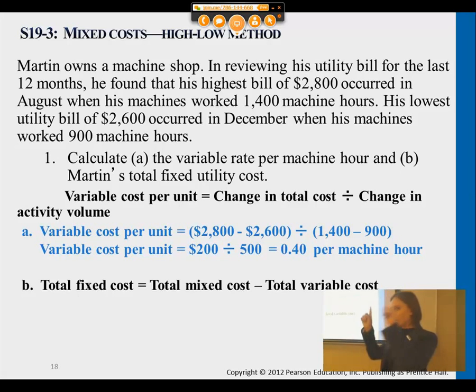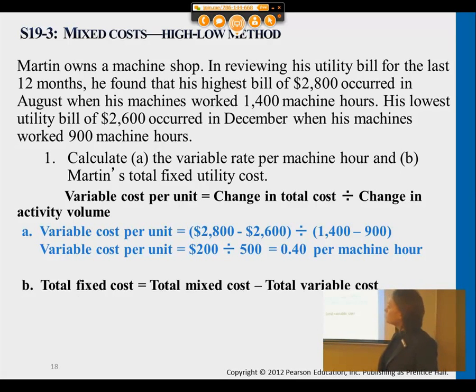What am I going to do right now? Do you remember how we had the table and it had different rows for first, second, third, and fourth quarter? And I said that to find your total fixed cost, you can use either. So in this case, I can either use my highest bill information or the lowest, and it's still going to be the same. Okay, so let's use the highest.